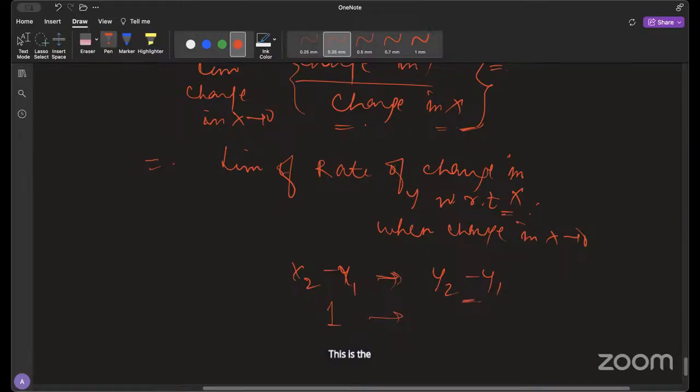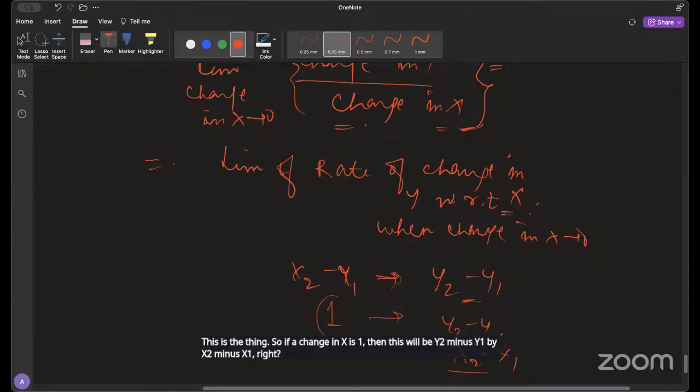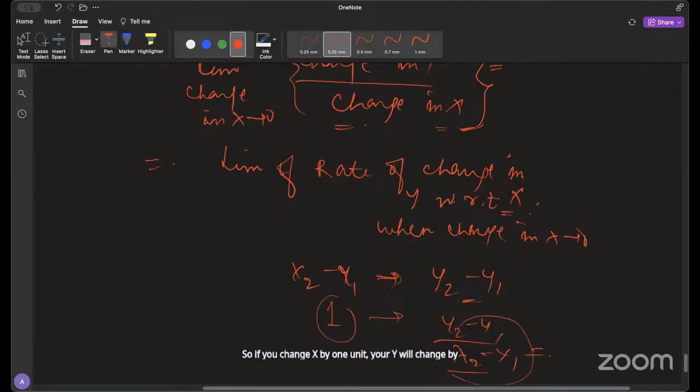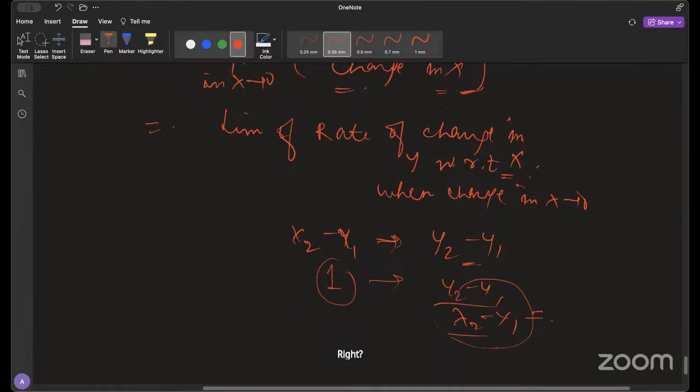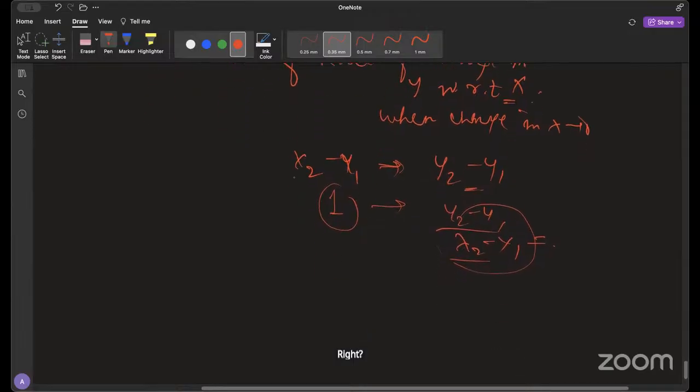So if your change in x is 1, then this will be y2 minus y1 by x2 minus x1, right? So if you change x by 1 unit, your y will change by this unit. That's what rate of change of y with respect to x means, right? Yes, ma'am. Okay.